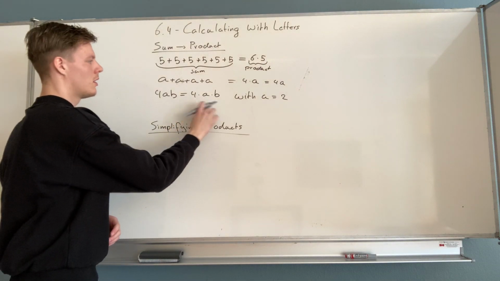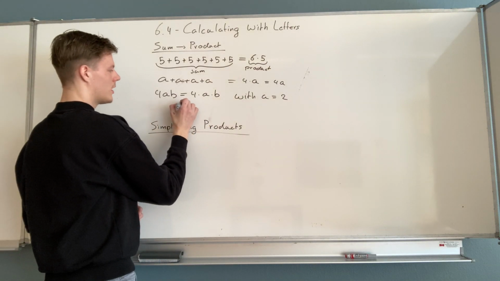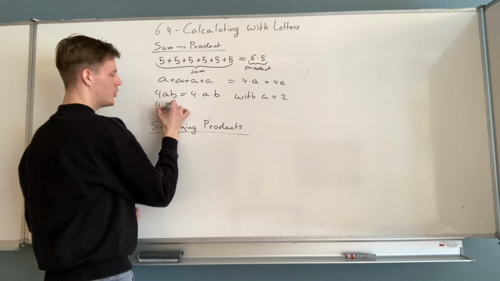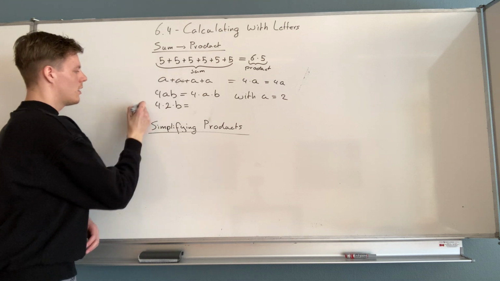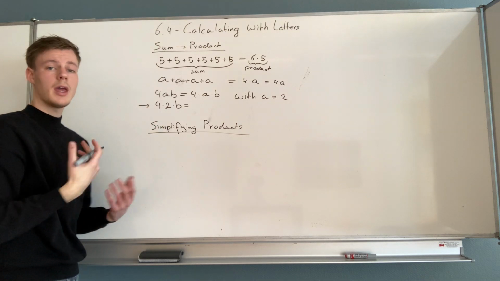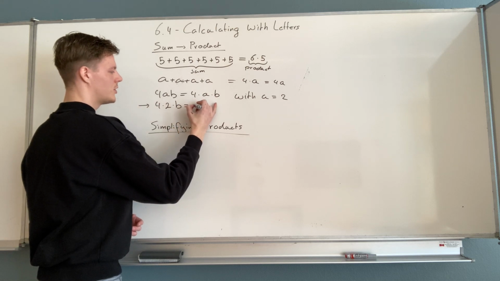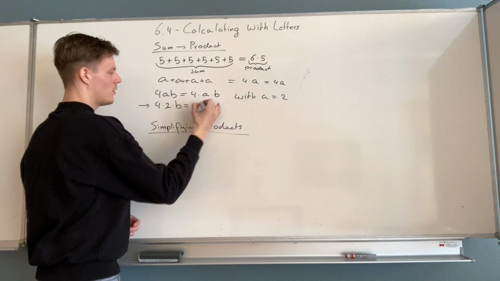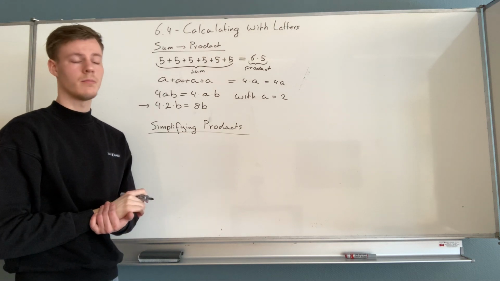We can simplify this a bit. So we can make this 4 times 2 times B. And 4 times 2 we can calculate. So we can calculate 4 times 2, which gives us 8, and we put B behind it because that's a factor we don't know yet.